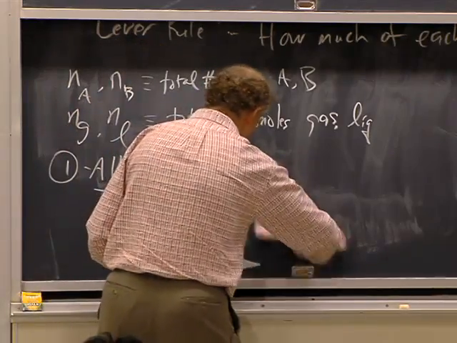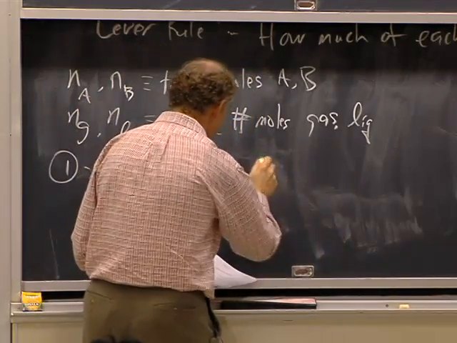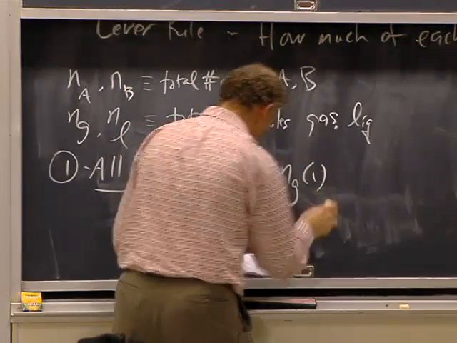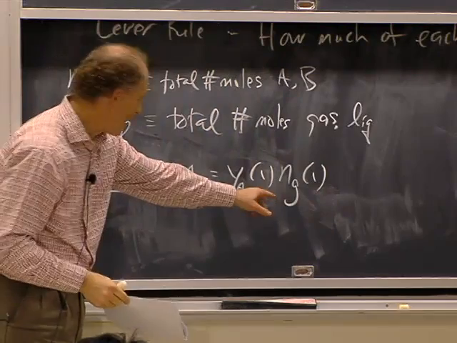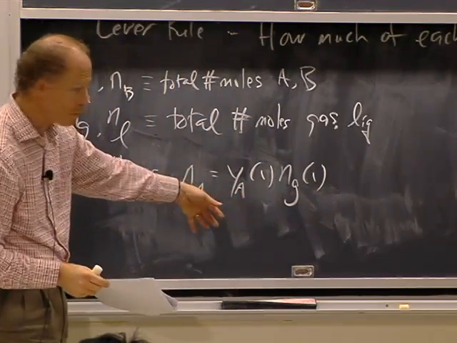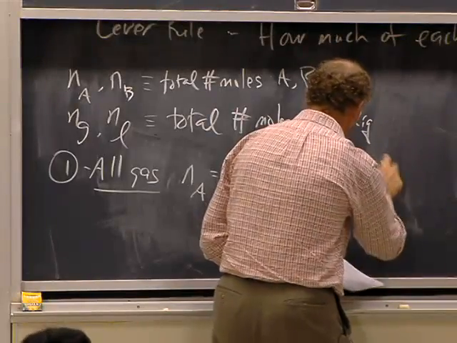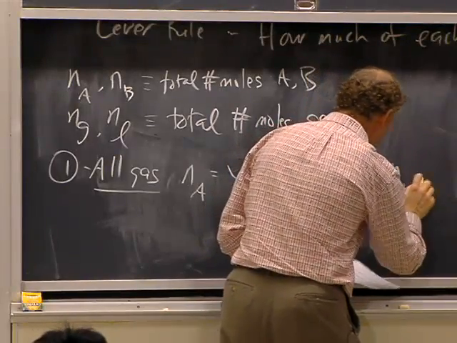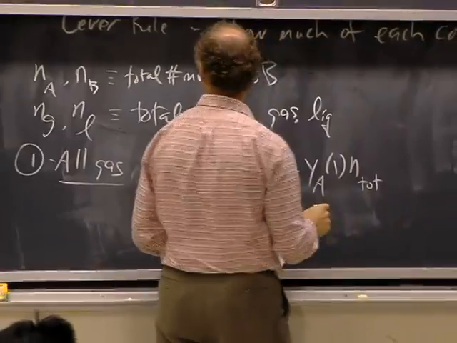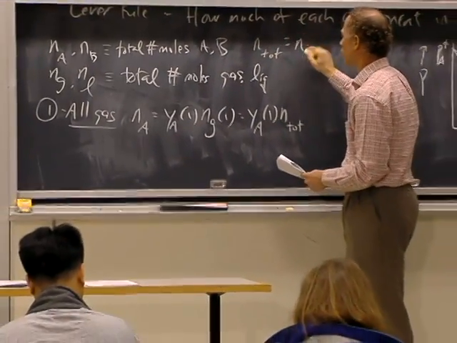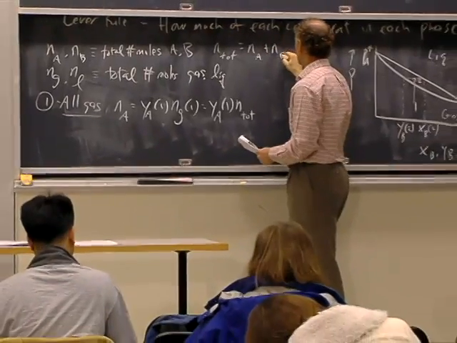Let me put 1 in here just to be clear. And since we have all gas, the number of moles in the gas is just the total number of moles. So this is just YA at 1 times N total, right? Let's just write that in. And of course, N total is equal to NA plus NB.